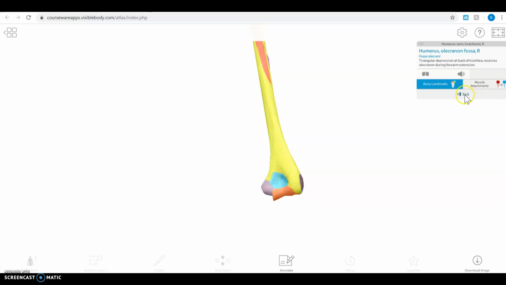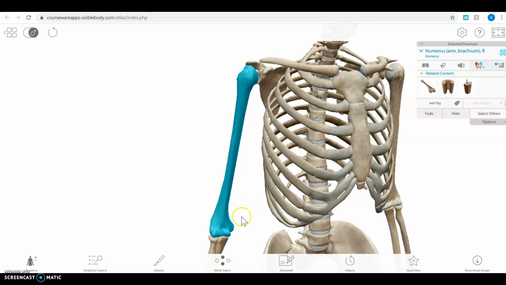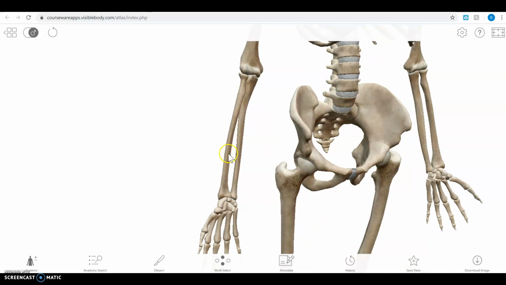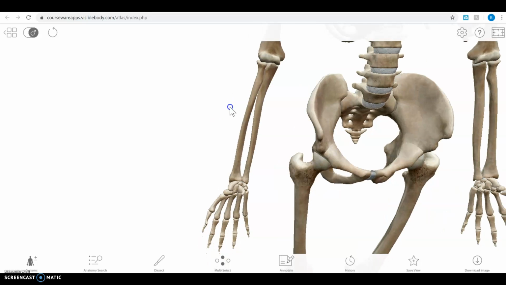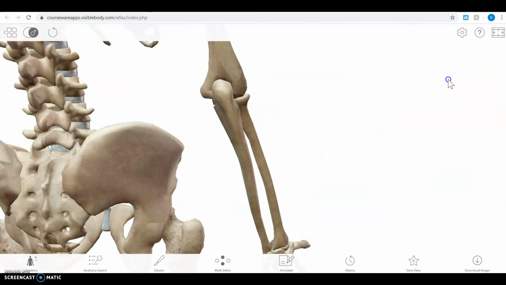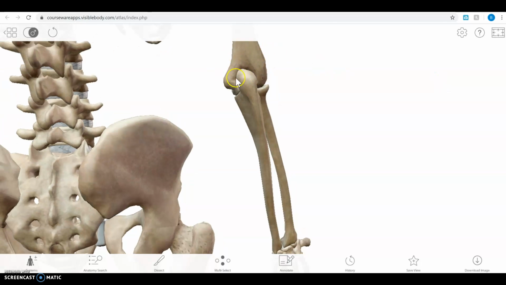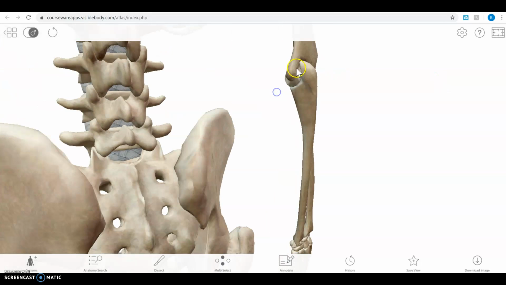Now we'll go back and look at the radius and the ulna. We will go down. You can see here the radius articulates with the capitulum, and the ulna articulates with the trochlea. Let's turn it around so that you can see the articulation of the ulna right here in this olecranon fossa.